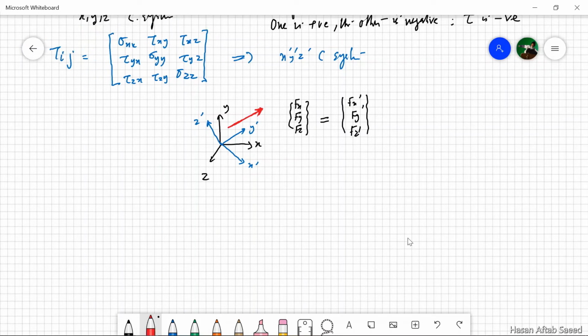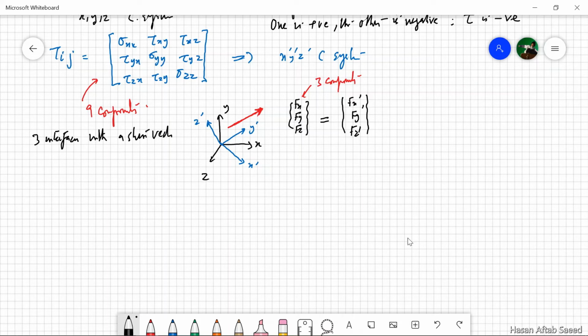In the case of vector, we need 3 components. In the case of stress, we need 9 components. That is because the 3 interfaces are involved with a stress vector on each interface. Please recall the previous segment.